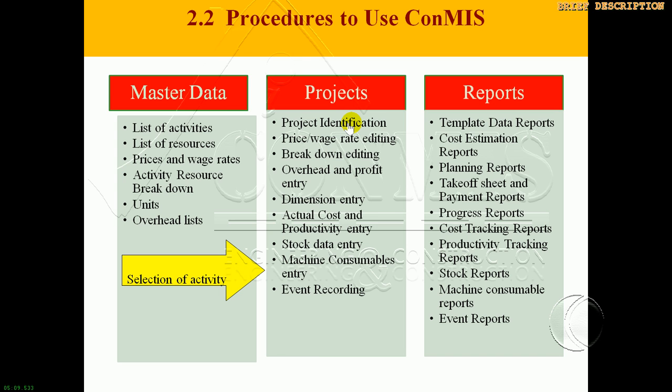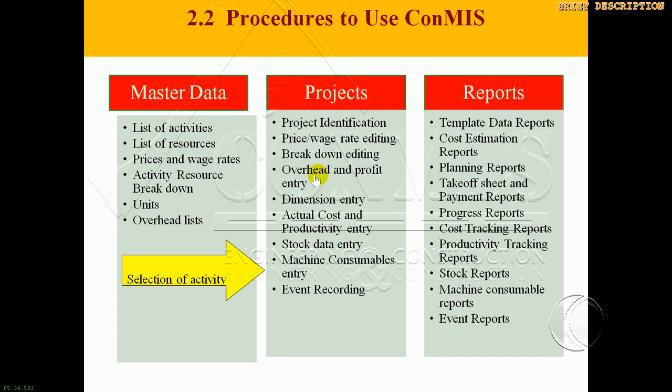So you can edit the breakdown in this project phase. You can edit price and wage rates in the project phase. Since projects are unique, nothing is similar, so you have to edit. Then finally you will add overhead and profit.